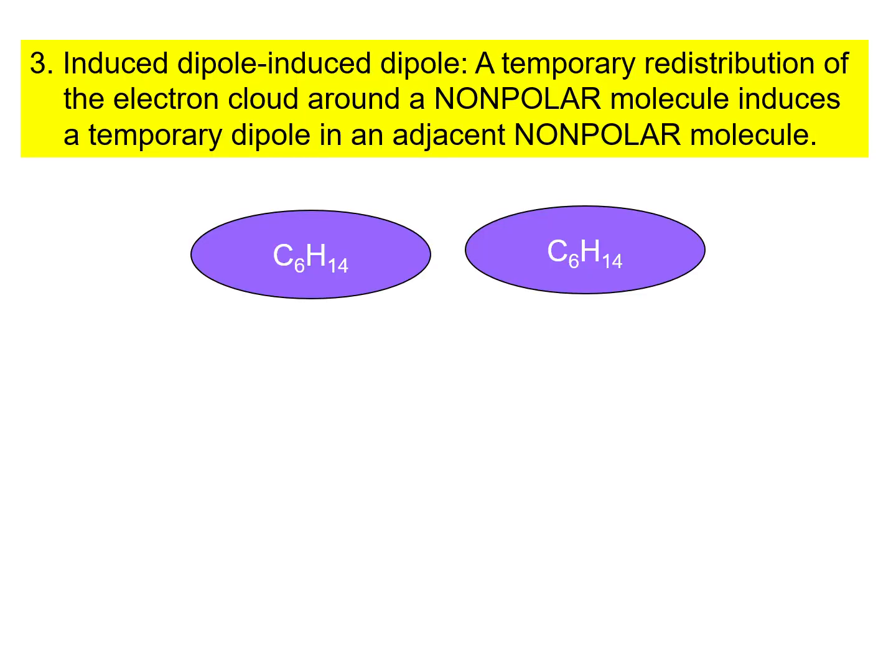So the last one is induced dipole. It's a little difficult to get an understanding of this since it's talking about nonpolar molecules only. When you have large nonpolar molecules, you're also going to have a large electron cloud around it. So in the example, I have C6H14.